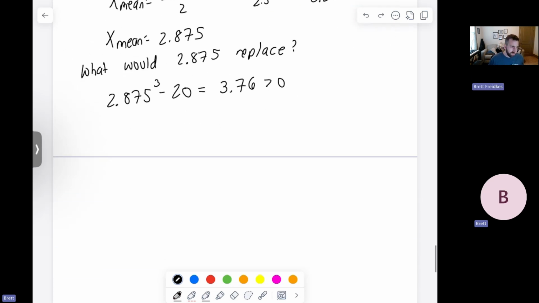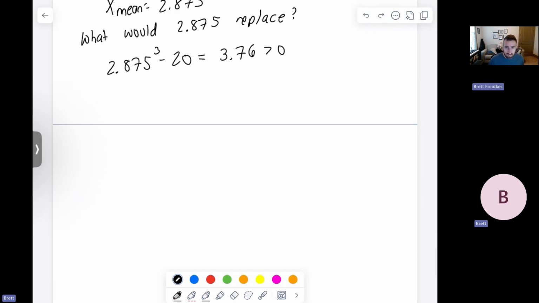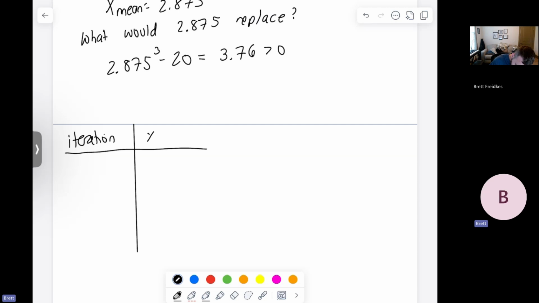And if we went through this and found the relative approximate error between iterations, let me go ahead and make a table. Iteration, let's go ahead and summarize. X low, X high.